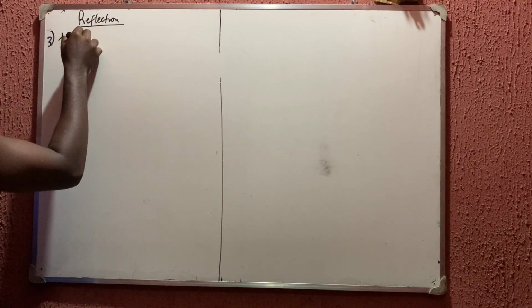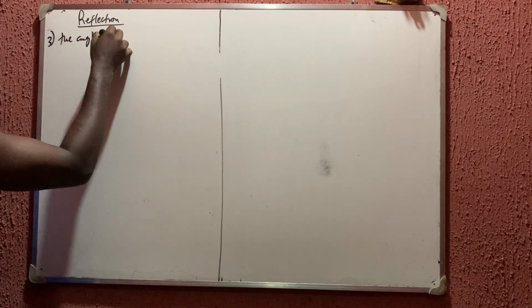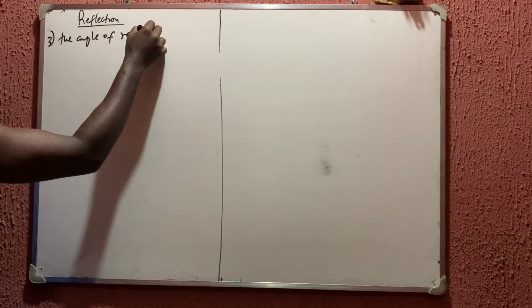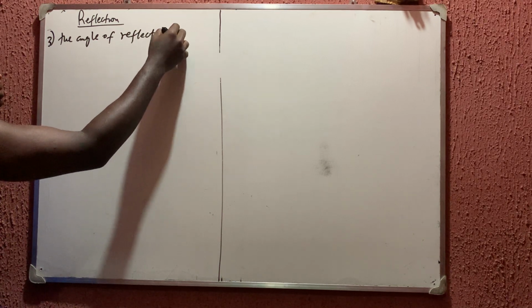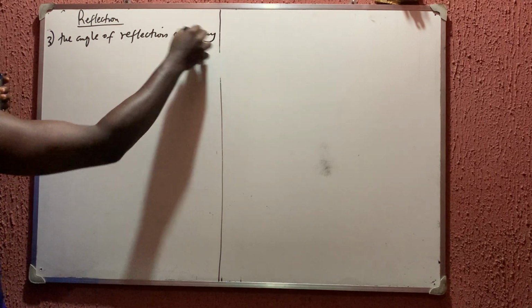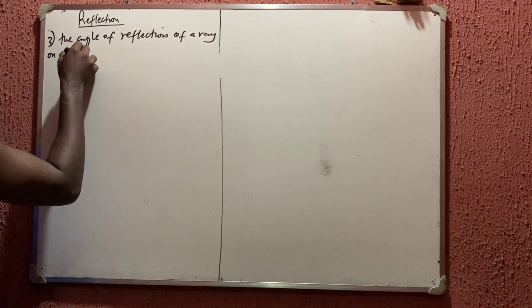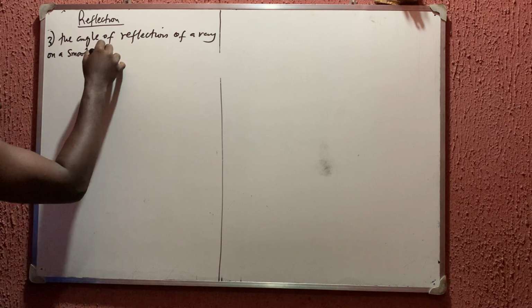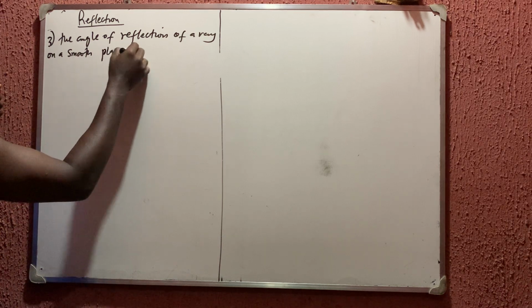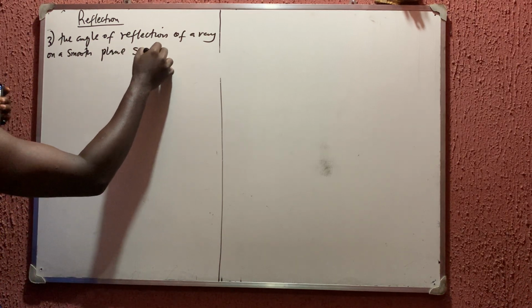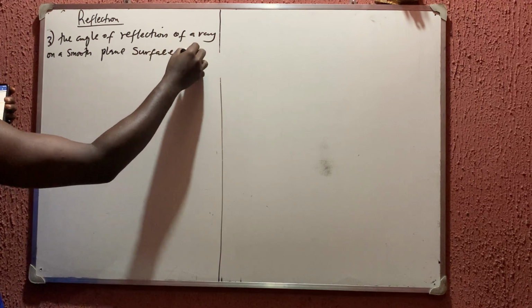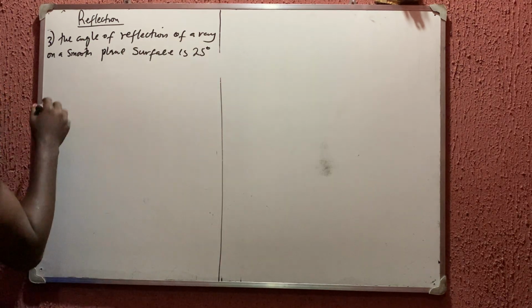the angle of reflection of a ray on a smooth plane surface is 25 degrees.